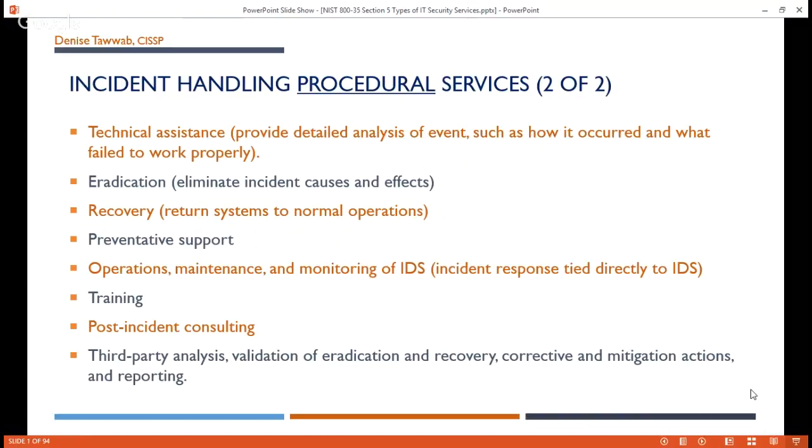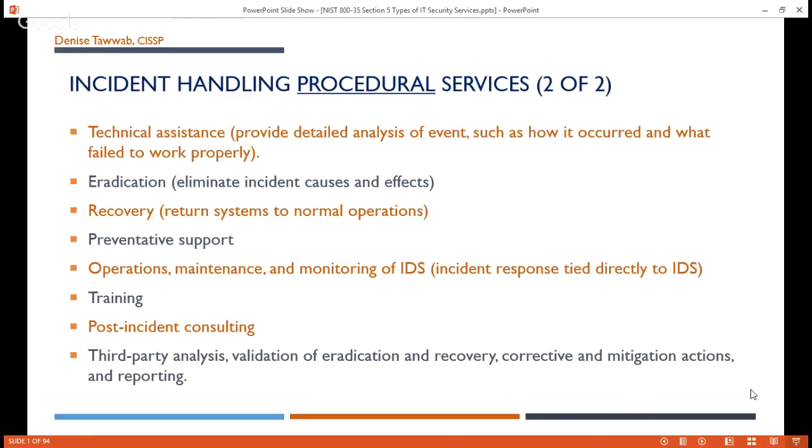Under procedural services, you also have technical assistance, where the service provider provides detailed analysis of the event, such as how it occurred and what failed to work properly. Eradication, this is where you eliminate incident causes and effects. Recovery, this is where you return the systems to normal operations.